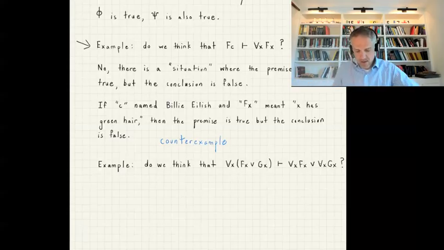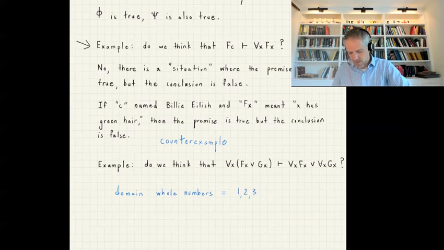So the domain is going to be the whole numbers, 1, 2, 3, and so on. The meaning I'll give to F is is even. The meaning I'll give to G is is odd.